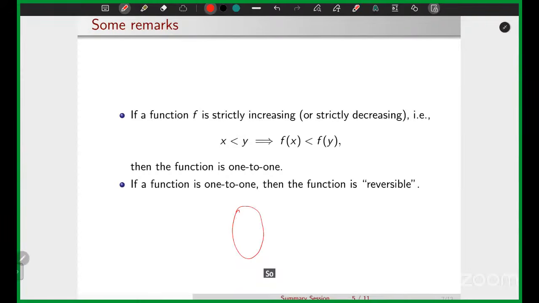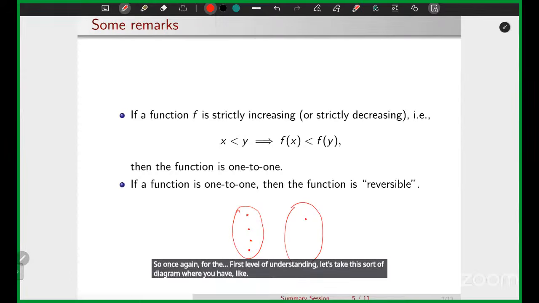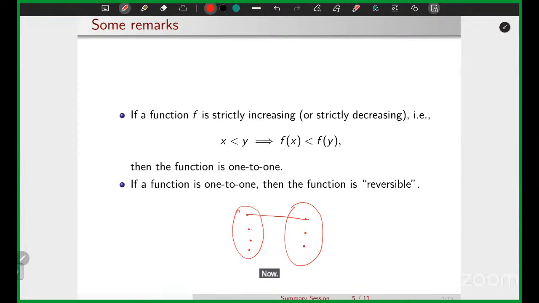So once again, for the first level of understanding, let's take this sort of diagram where you have finite elements mapped to another finite element set. This is a function, right? So suppose, say from A to B, this is a function which is f.